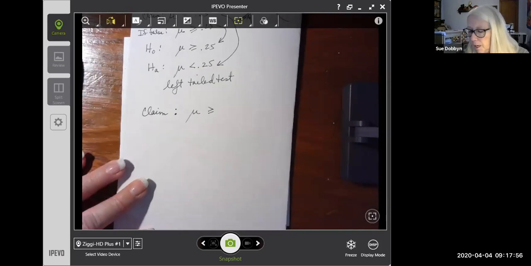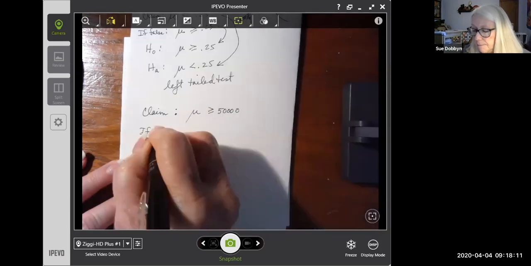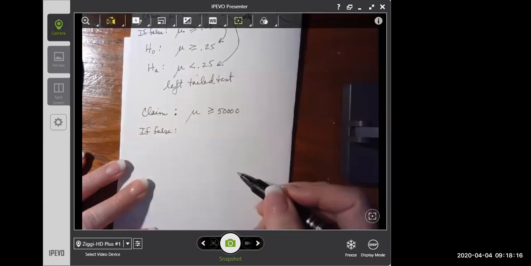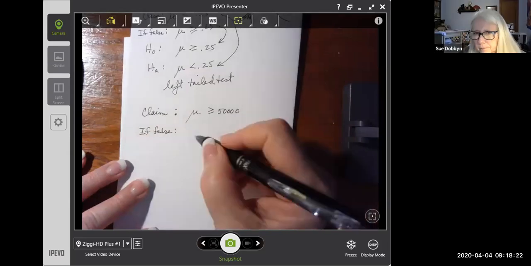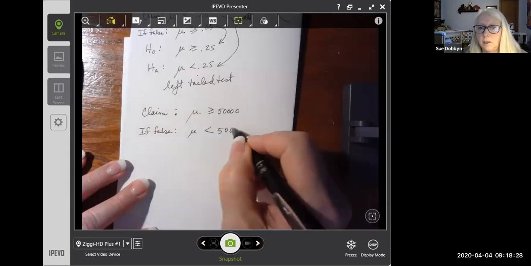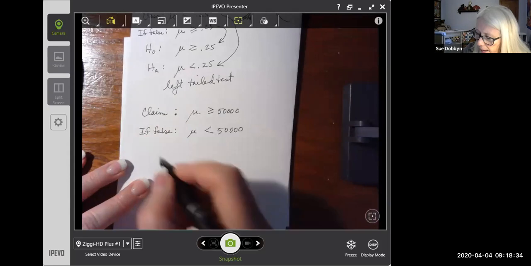At least means that it will go to 50,000 miles at a minimum, or perhaps more than that 50,000 miles. So greater than or equal to 50,000 miles. Okay, then what would the if false statement be? It'd be what? Less than 50,000 miles. Exactly. So less than 50,000 miles. And so the null hypothesis, which one becomes the null hypothesis?